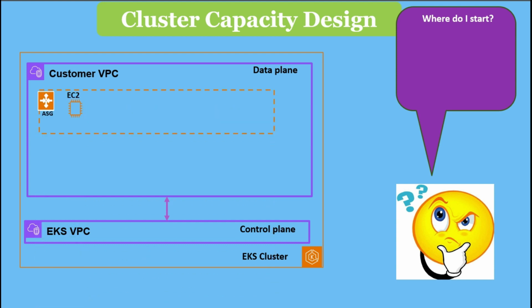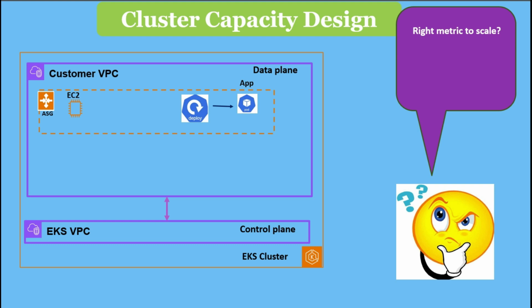Let us say we have one node group in the cluster with some EC2s running there. First, let's deploy some sample application using the deployment controller. What we need to decide first is the right metrics to scale this. So how do we determine the right metric to scale this application? It depends upon the nature of the application.